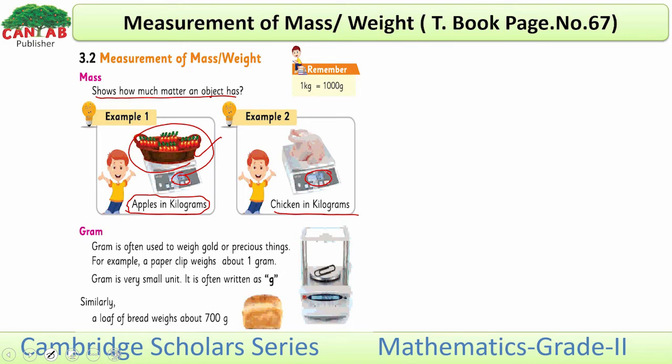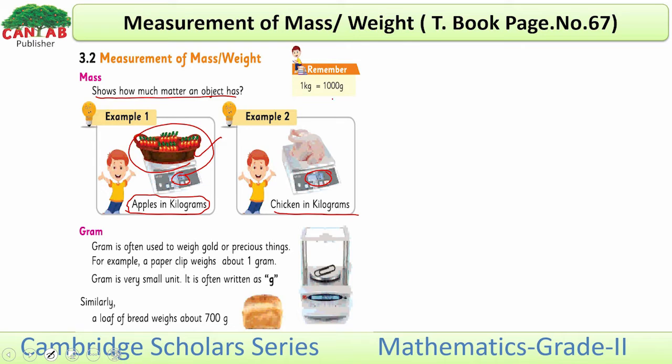Students, in your daily life you go to the market or shop and buy some things in kilograms and grams. You buy some chickens, some fruits and so on. So those things which we buy having some weight, we measure in kilograms and grams.